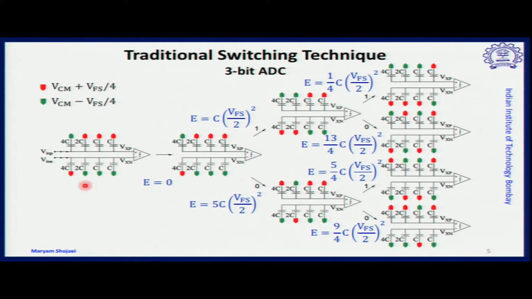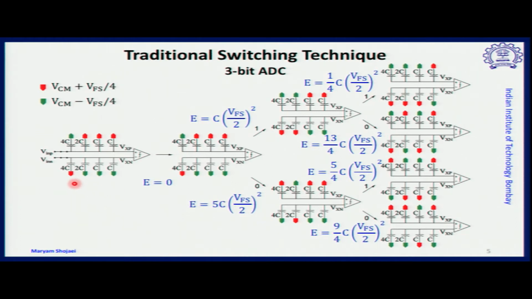For the negative input or V in N, of course, when we say negative input, it doesn't mean it is negative. It's just a terminology we define, V in P, V in N. So it doesn't have anything to do with their sign. They are always of 180-degree phase difference with respect to each other if we put V common mode aside.